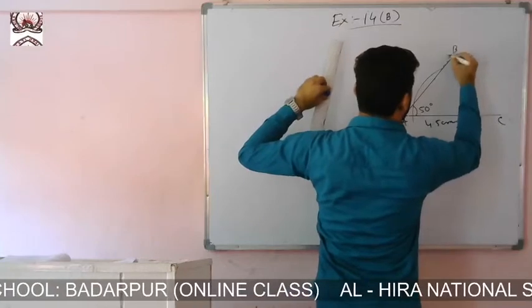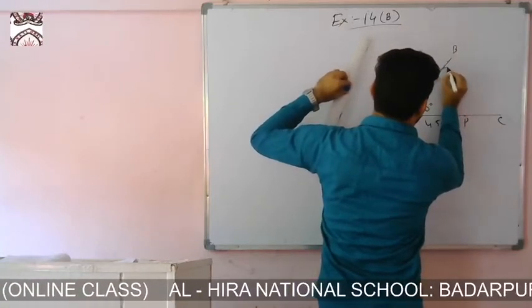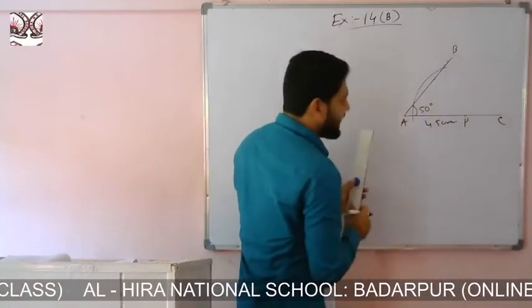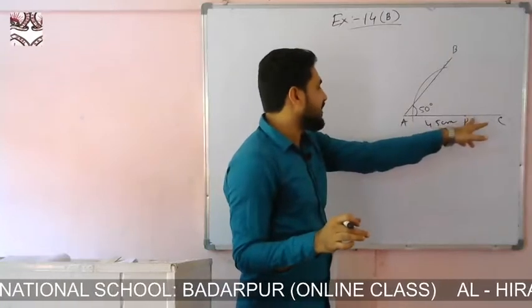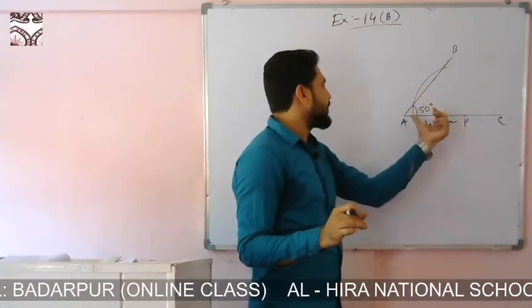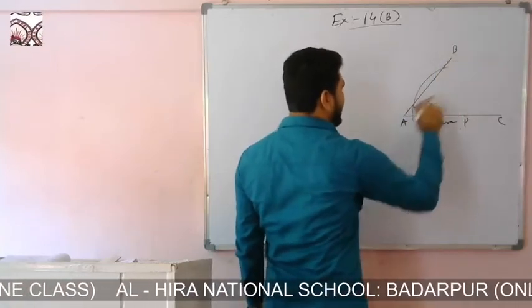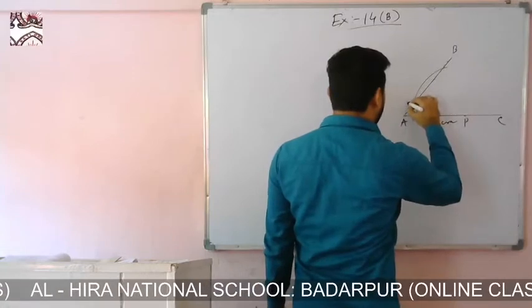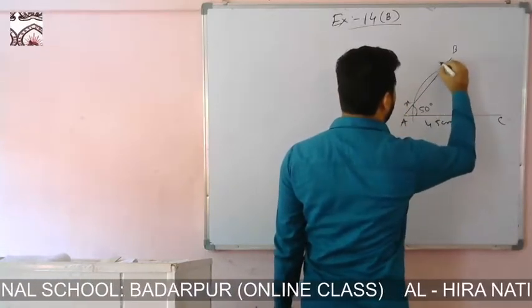Okay. You see, taking P as the center, I have drawn an arc which intersects the line AB at points X and Y, here X and here Y.